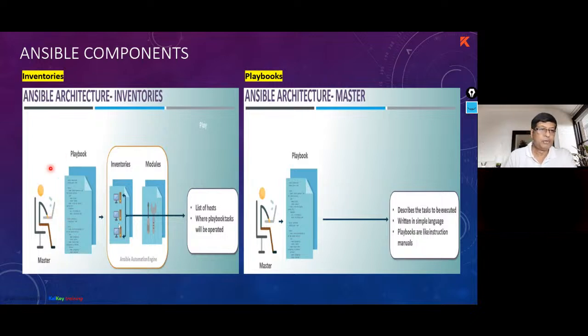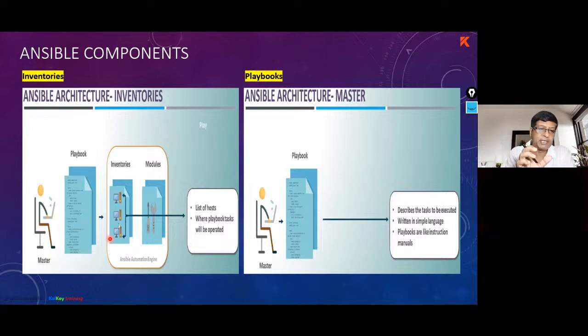As I told you, the inventories are nothing but a list of hosts where the playbook operates. This is a simple text file where you put in the Ansible host with an alias name. You can give the host a name, and then give the IP address.